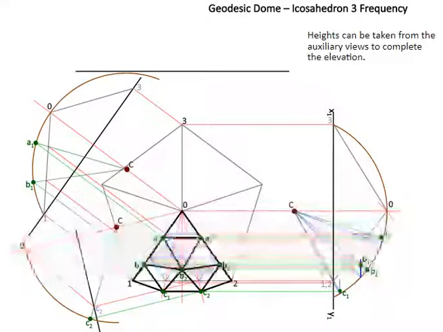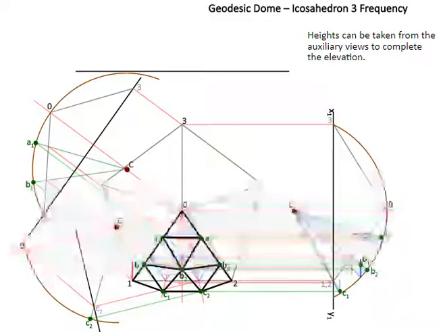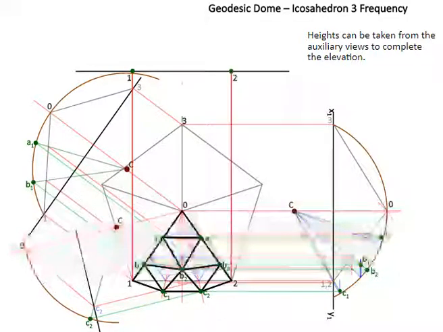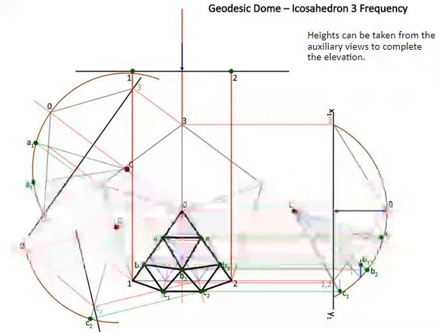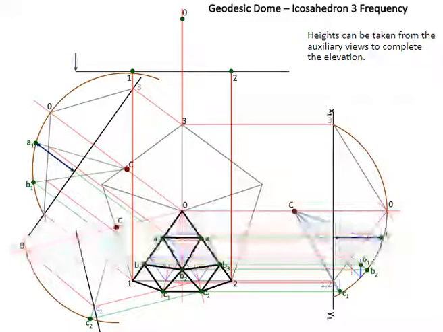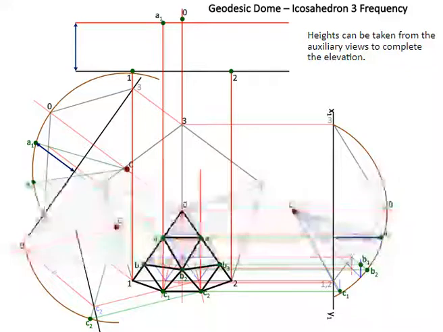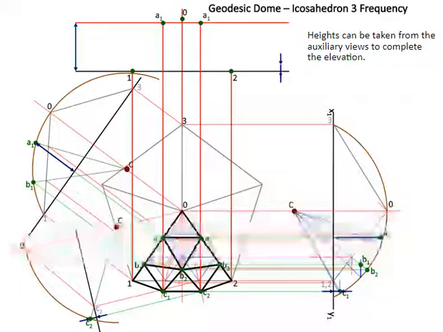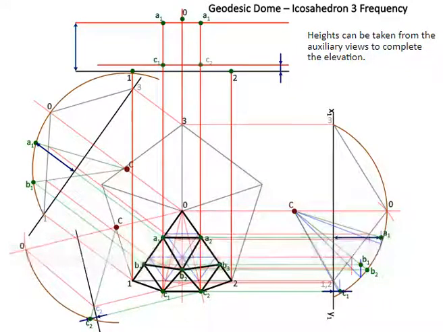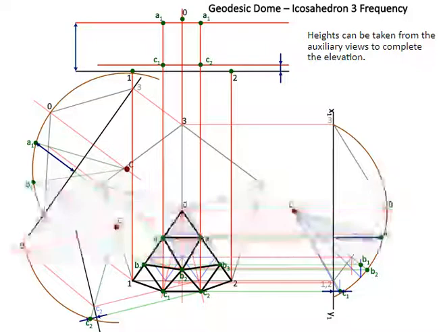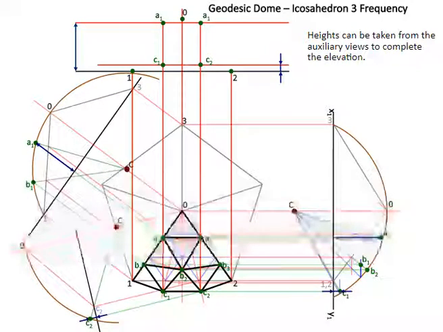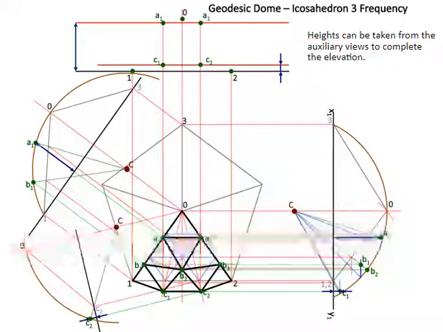Right, so then heights can be taken from the auxiliary views to complete the elevation. As you can see here, where the heights are coming from. And if this is going a bit too fast, just pause it after any stage you want, if you're a bit unsure.